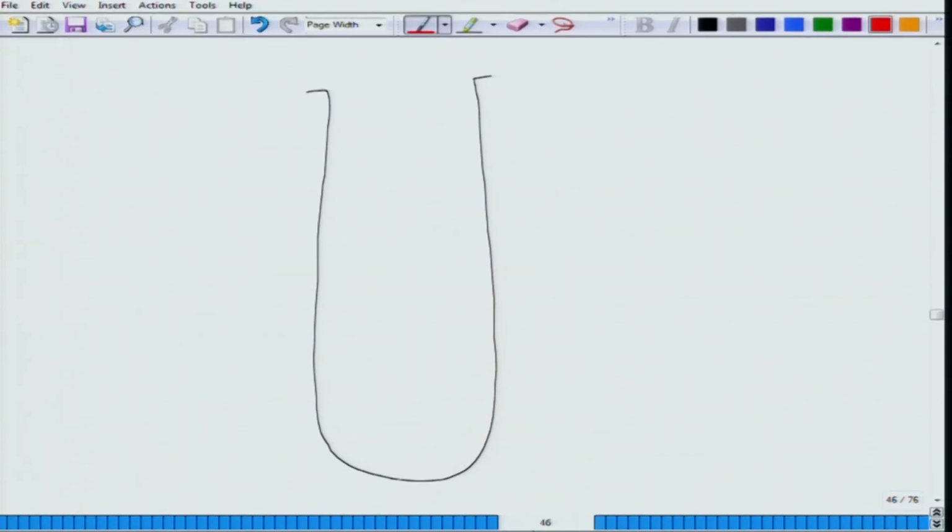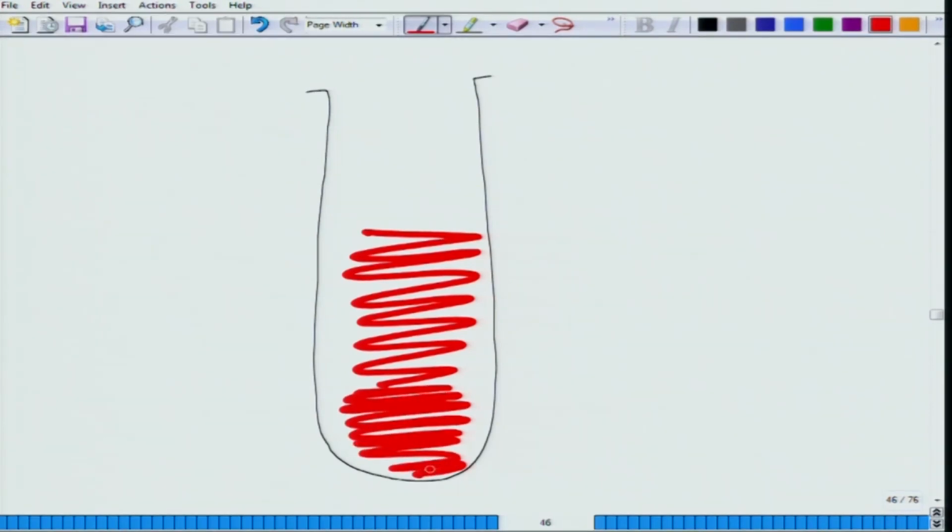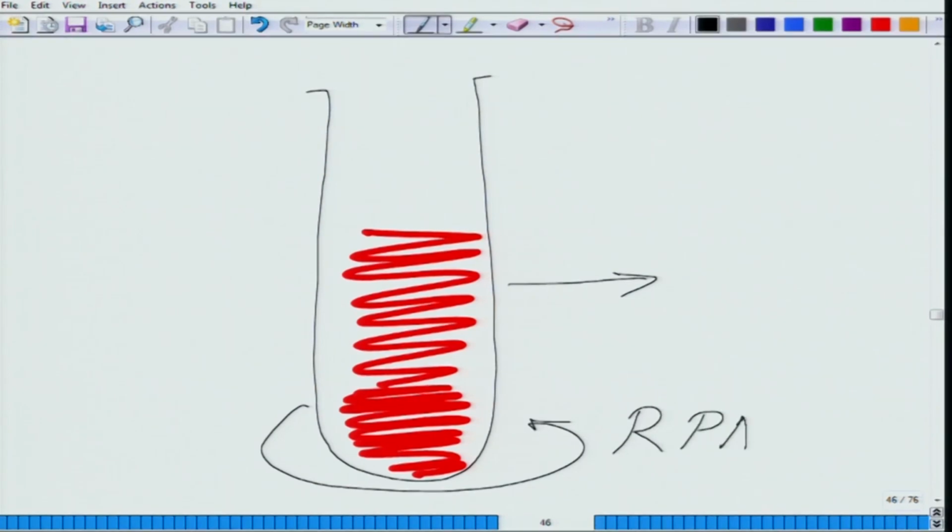Now, if you take this blood and spin it at a certain RPM, you put it in a centrifuge and spin it.